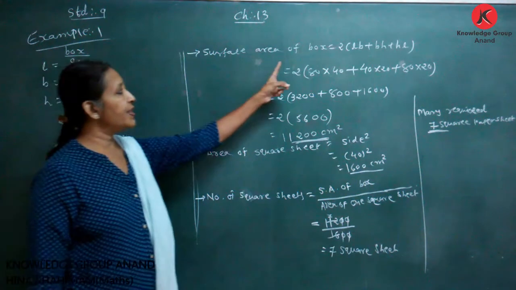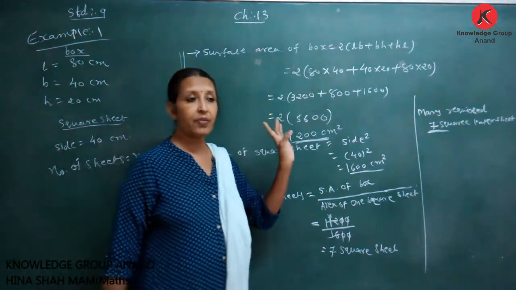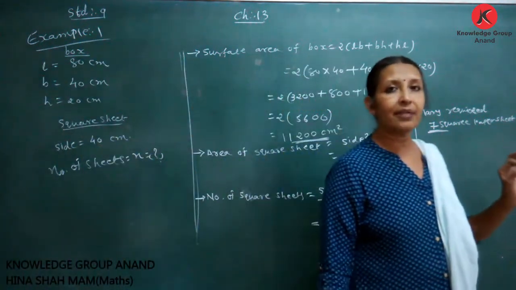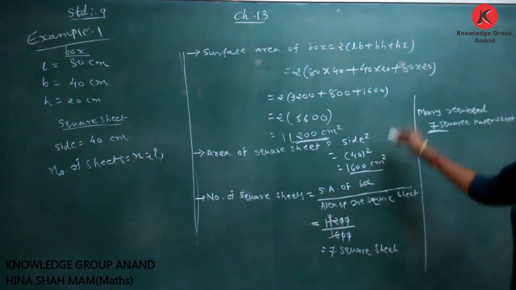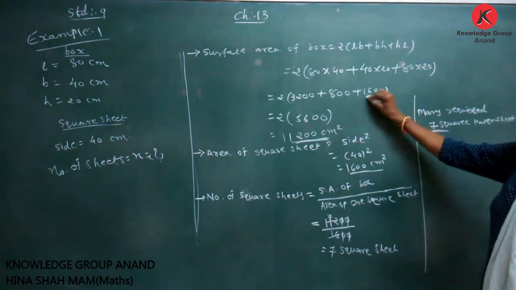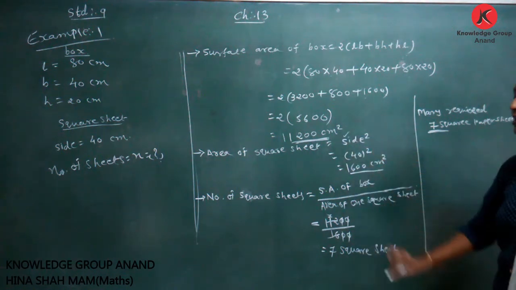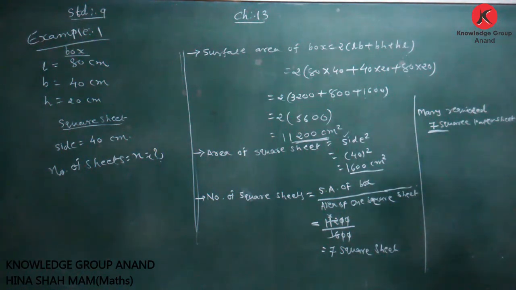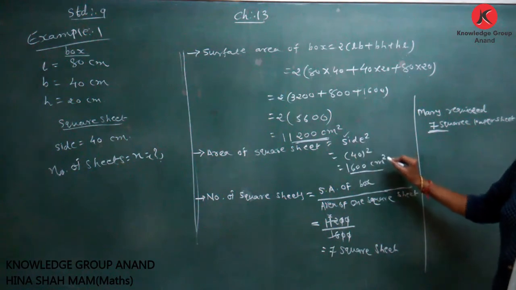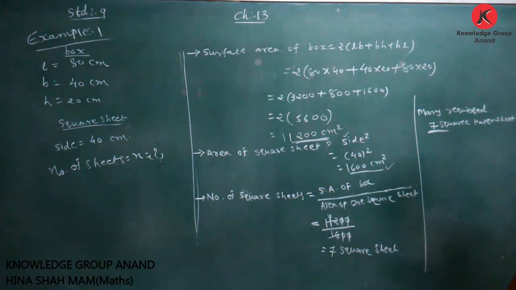First we find the surface area of the box using the formula 2 into (lb plus bh plus lh), put in the numbers, and we get 11,200 centimeters square. Area of square sheet is equal to 1600 centimeters square. Number of square sheets is equal to 7. How many square sheets required? 7 square sheets required.